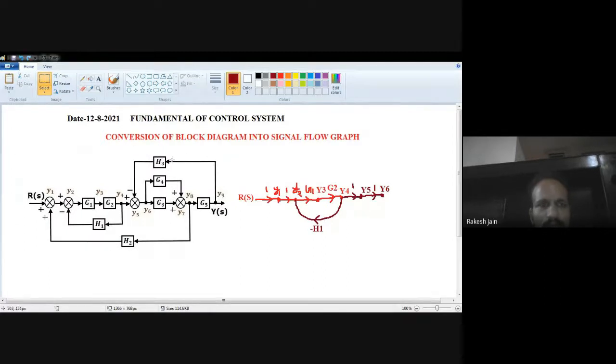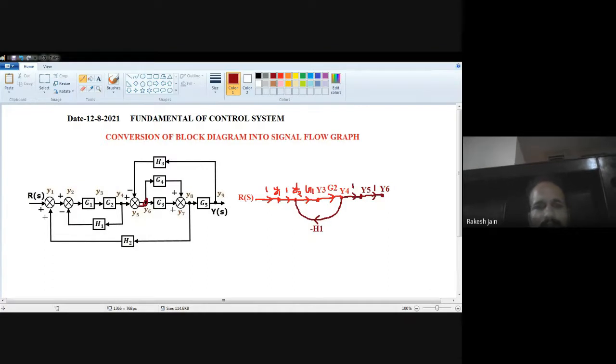This was your question. Till y5 we already drew, then see y5 to y6, there is nothing written, so I just write down 1 over there and mark this node as y6. So from y5 to y6 there is a gain 1.